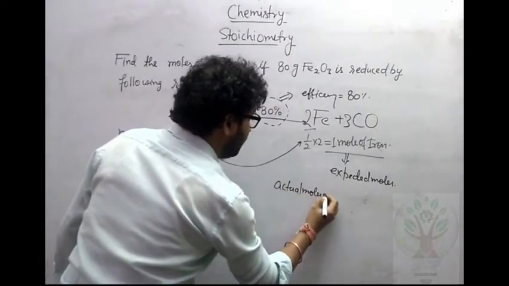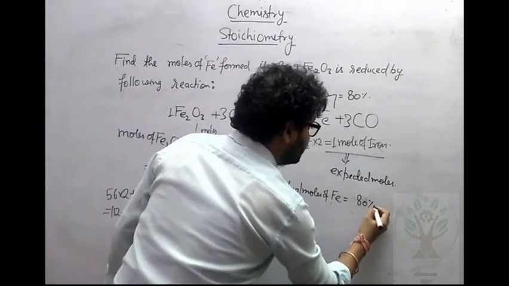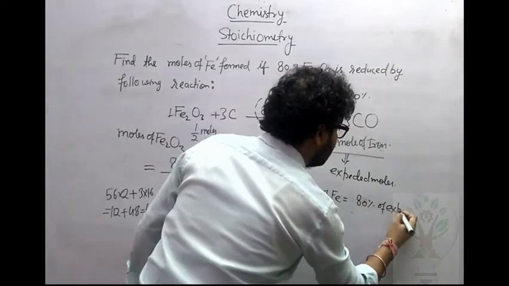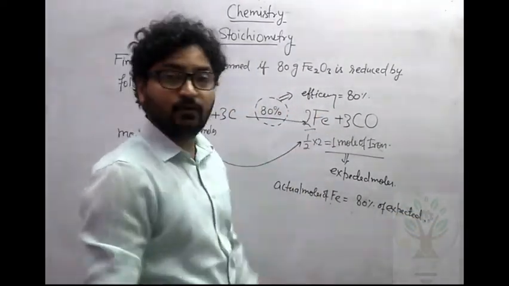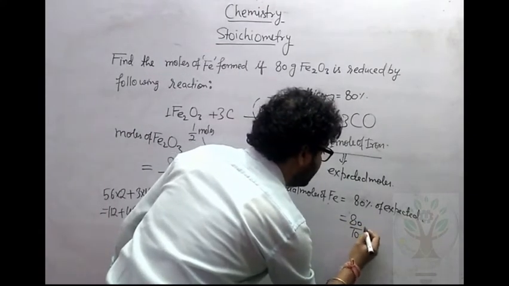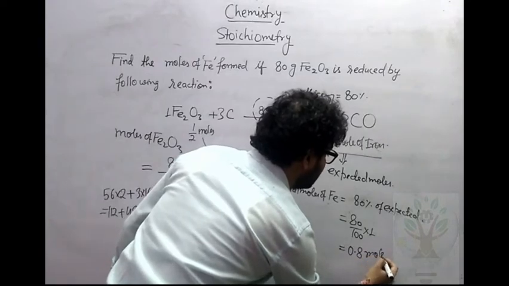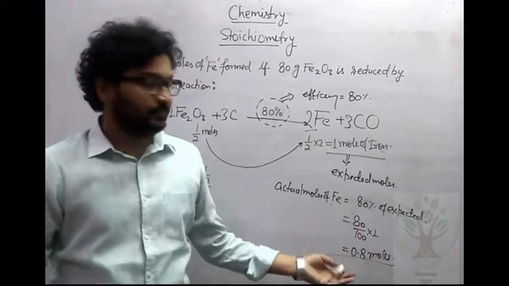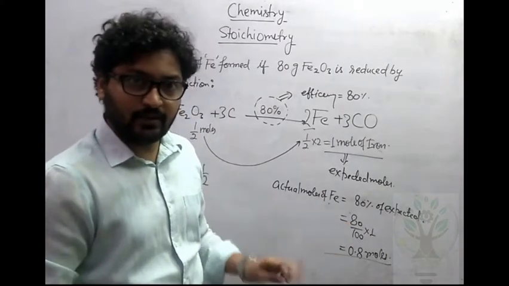Actual moles of iron will be how much? 80% of expected. Why? Because 80% is the efficiency of this reaction. So it will be 80 by 100 multiplied by 1, that is 0.8 moles. That's it. Are you getting this? Okay, good.